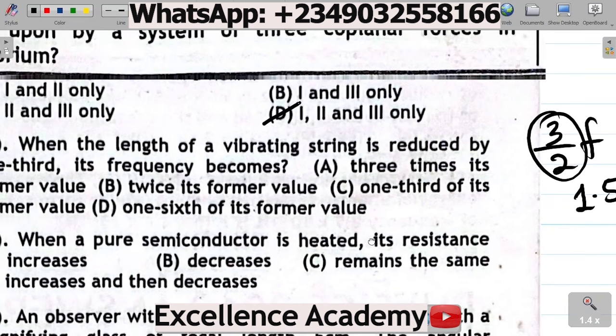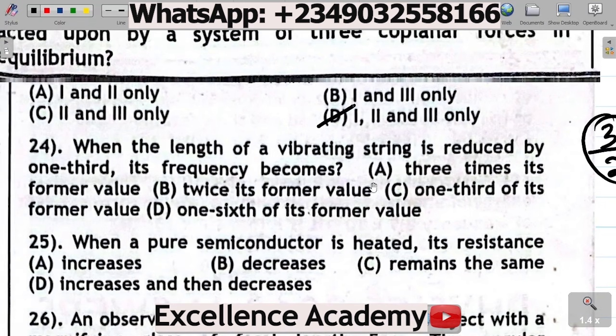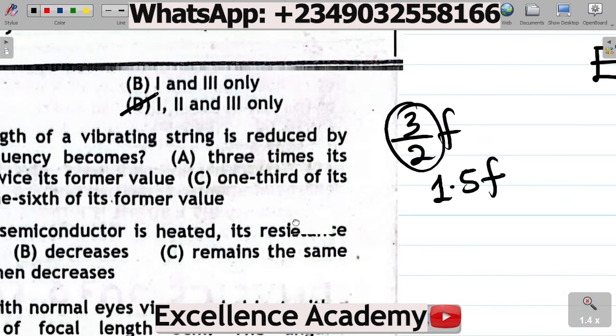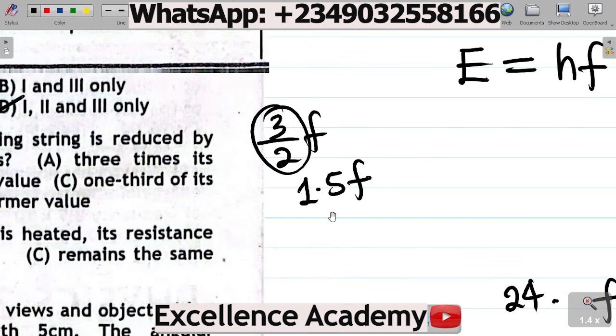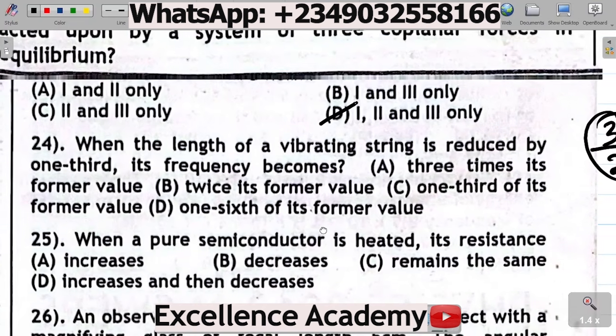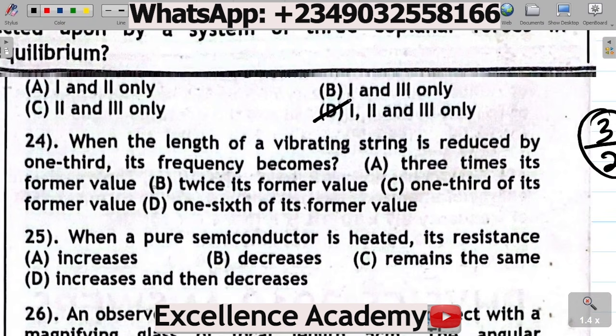Do we have that option there? 3 times the former value, twice the former value, 1/3 of the former value, 1/6. No, we don't. So for me, this is the actual answer. But if you convert this to the nearest whole number, it becomes 2, that becomes 2F. So you could as well go with twice its former value. It is approximately twice its former value, so this could also work. So that's your answer.